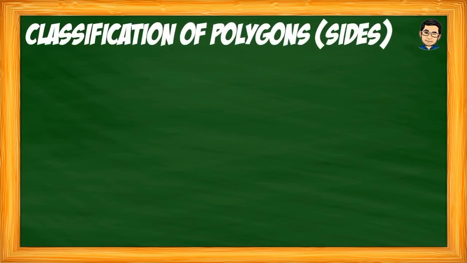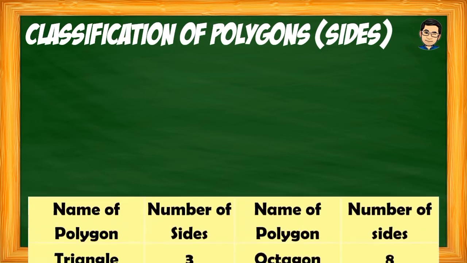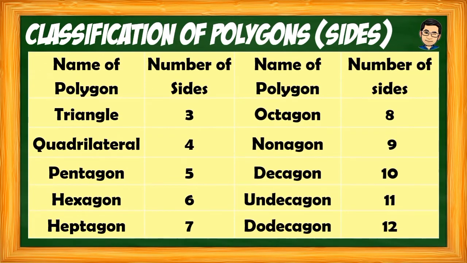Let us now move on to classification of polygons according to sides. Okay, so ayan. Name of polygon, we have triangle. So triangle is a three-sided polygon. Then quadrilaterals, so there are different types of quadrilaterals, and all quadrilaterals have four sides.